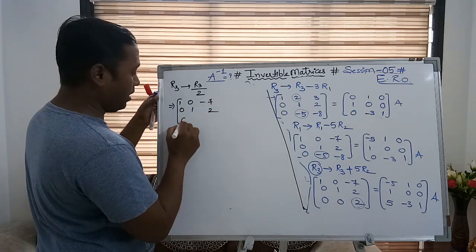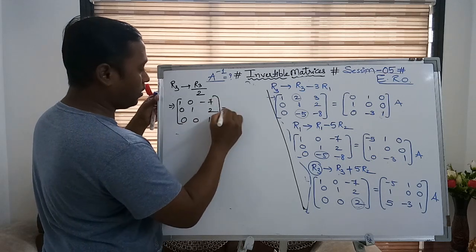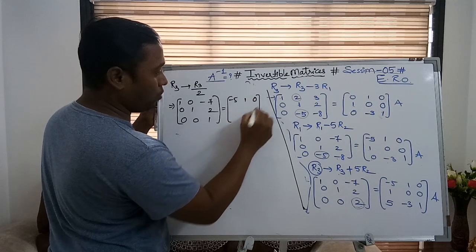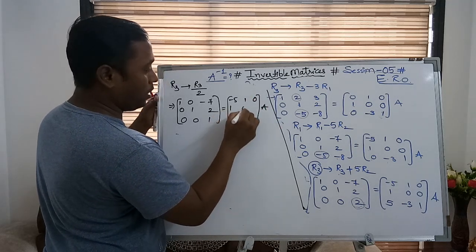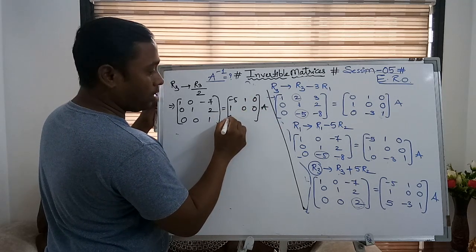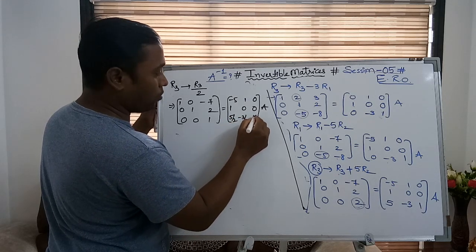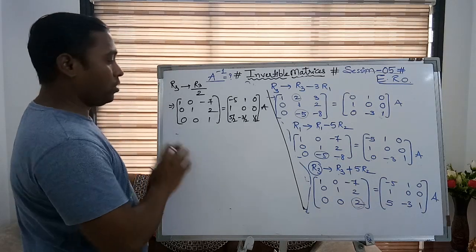I am writing from here 0 0 1. The same will go in the other matrix: minus 1 5 0, 1 0 0. And now dividing by 2, it becomes 5 by 2, minus 3 by 2, again 1 by 2. So this is the operation.